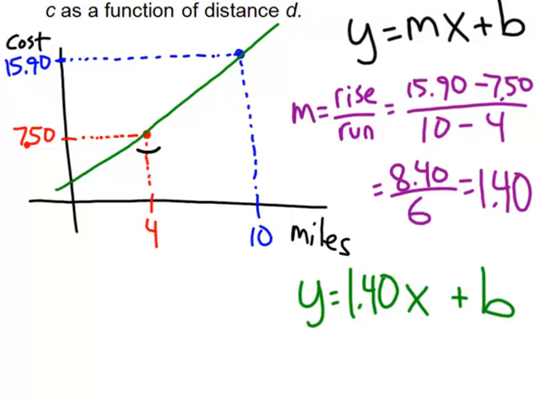It really doesn't matter. They both should give us the same b value, and trying it with both points would be a good way of checking that this all works out. Just for timeliness, let's pick this first point because the numbers are a little smaller and should keep the arithmetic easier. But again, either point should give us the same answer.